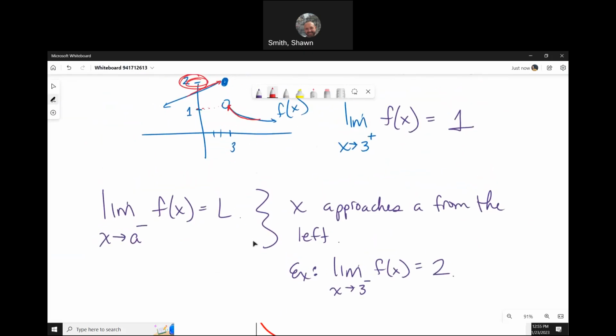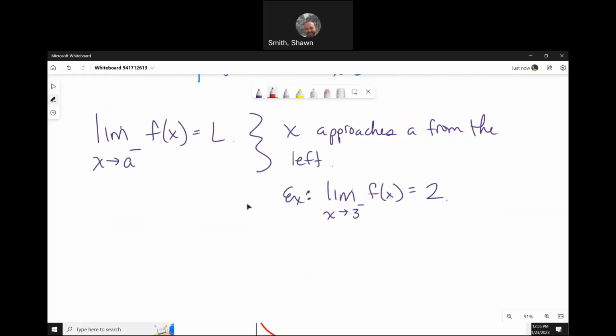Now for this particular example, if I write it like this, the limit as x approaches 3 of f of x, I don't indicate which direction I'm coming from, the left or the right. If there's no indication, that means it is understood it's coming from both, okay?